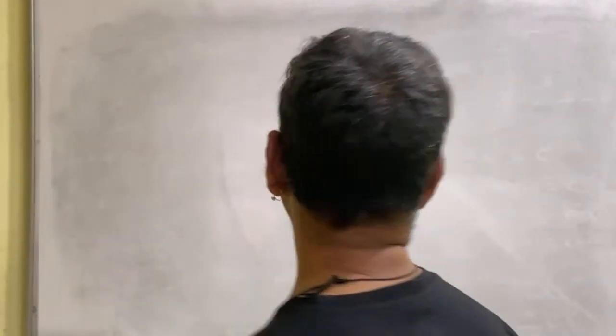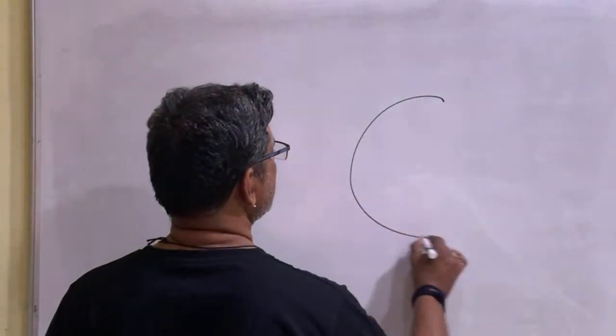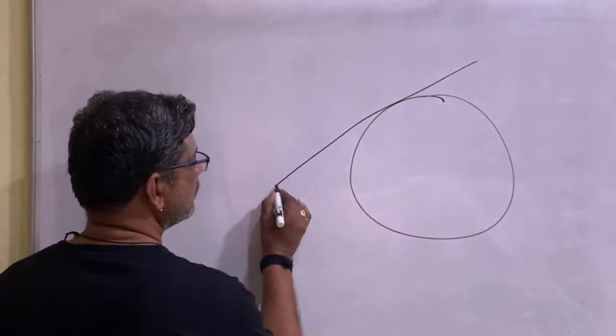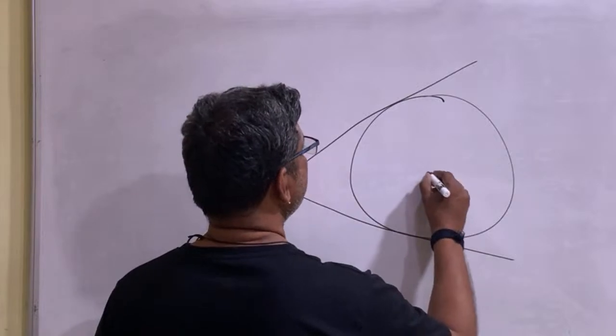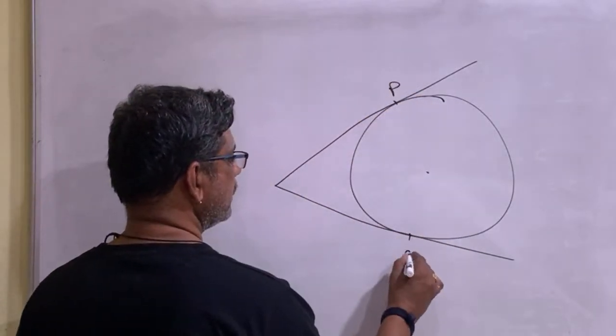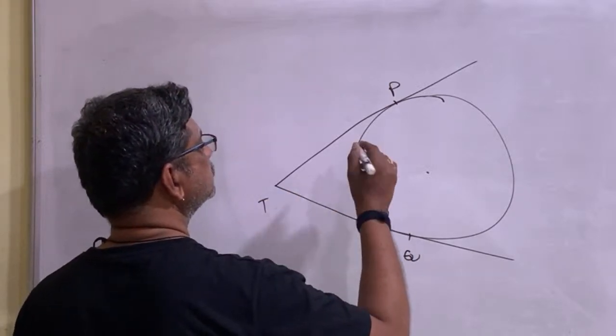The first problem that I am going to explain today is: two tangents TP and TQ are drawn to a circle with center O from external point T. Prove that angle PTQ is equal to 2 angle OPQ.